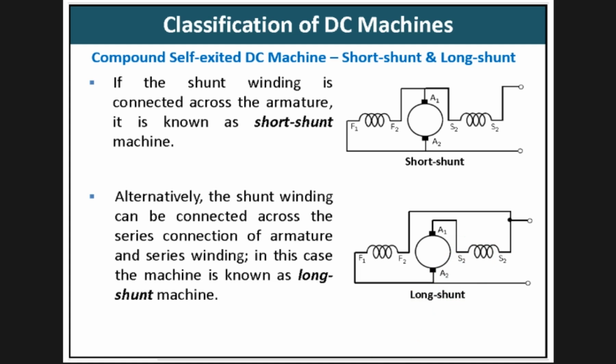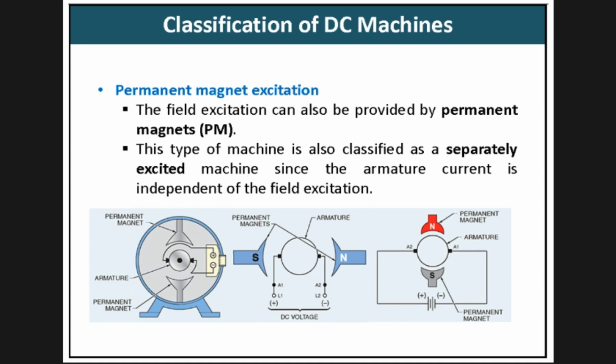Then finally we talked about the permanent magnetic excitation, but the disadvantage of the permanent magnetic excitation is we can't control the magnetic field like in the excited field windings.